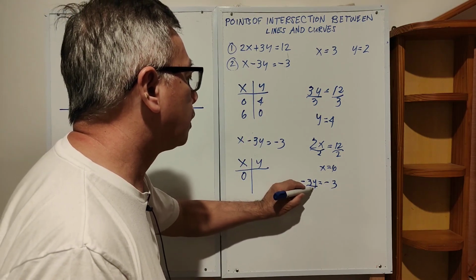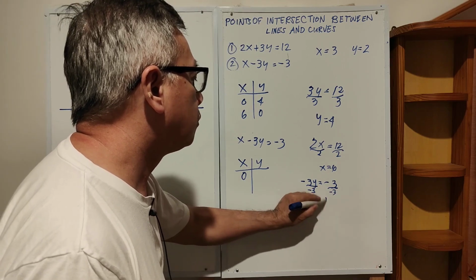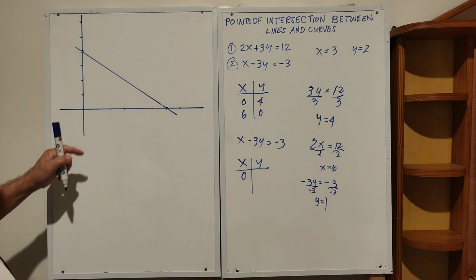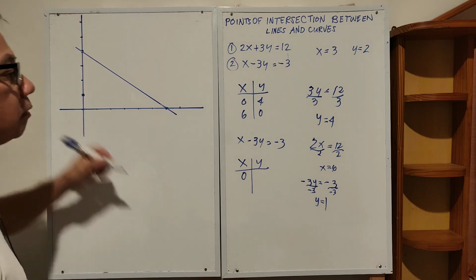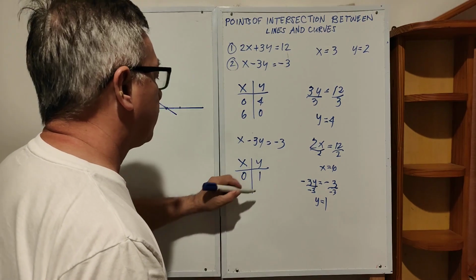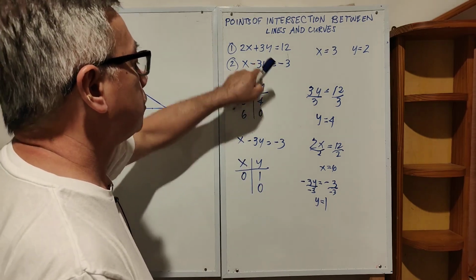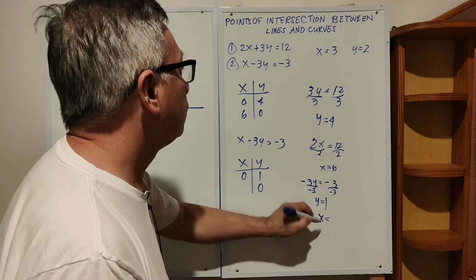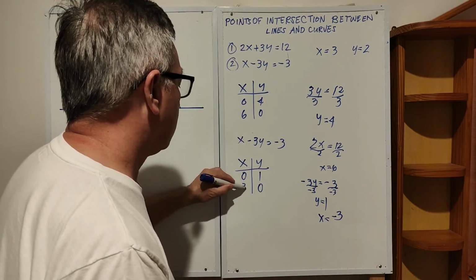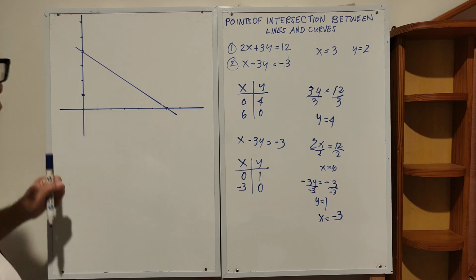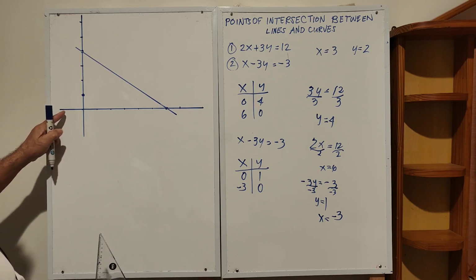Dividing by negative 3 on both sides, y is equal to 1. It's this one. X is 0, y is equal to 1. If y is 0, x is equal to negative 3.